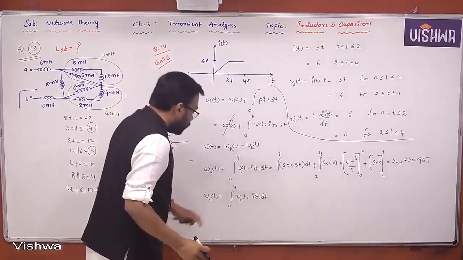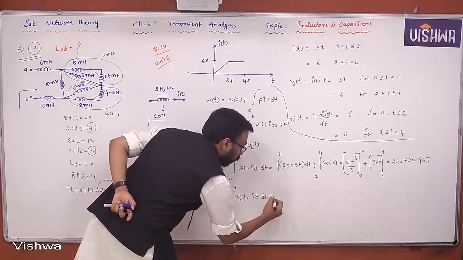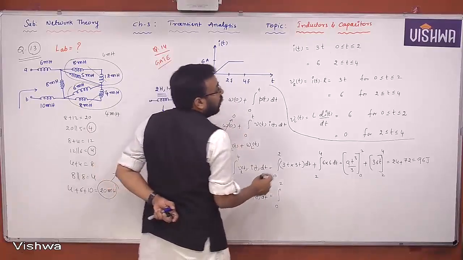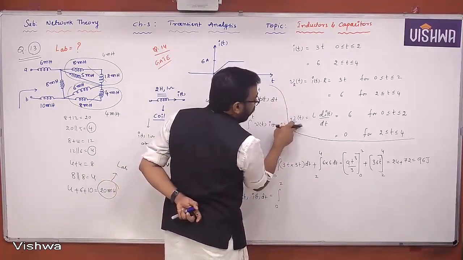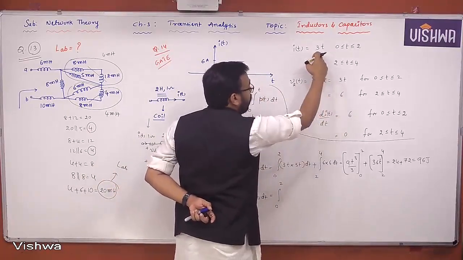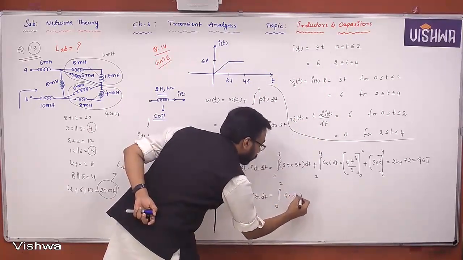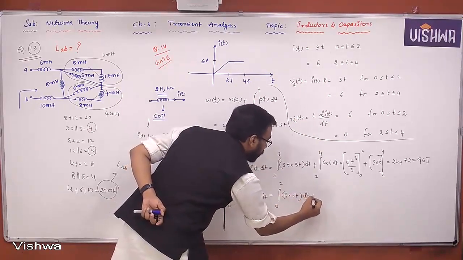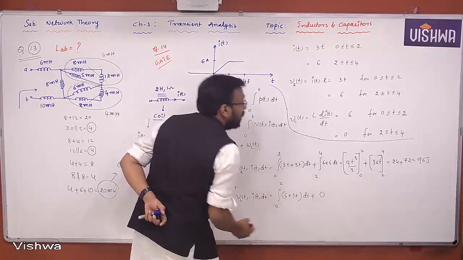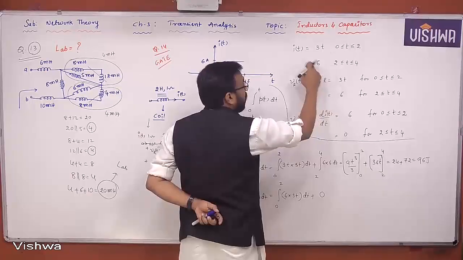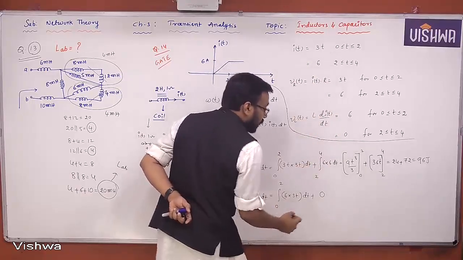Okay. Now coming to this WL of t here. Now what will you get here? 0 to 2. What is this? Actually here VL of t is how much? 6 into 3t. 6 into 3t dt plus... Now what about this? This is 0, because look at 0 into 6, current into voltage. Yes or no?